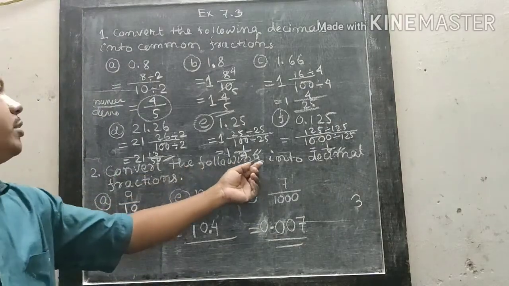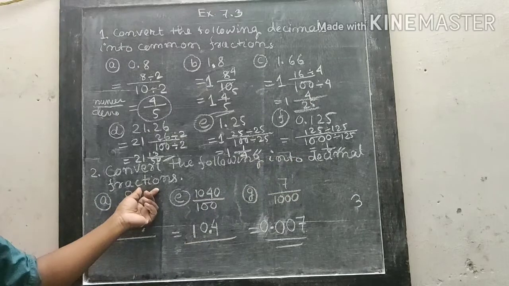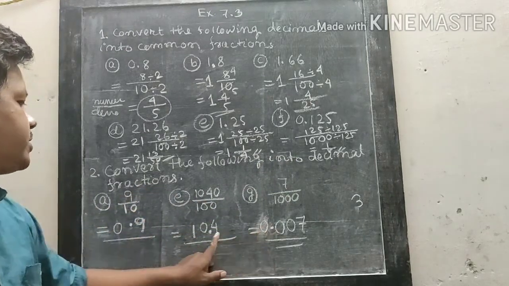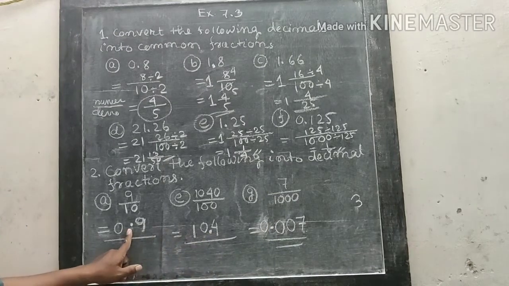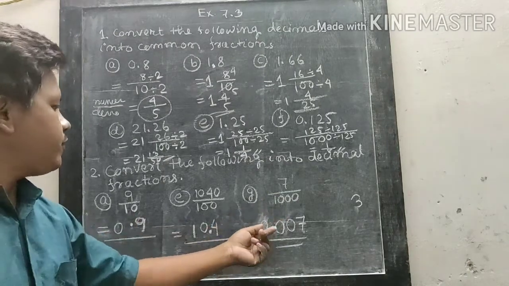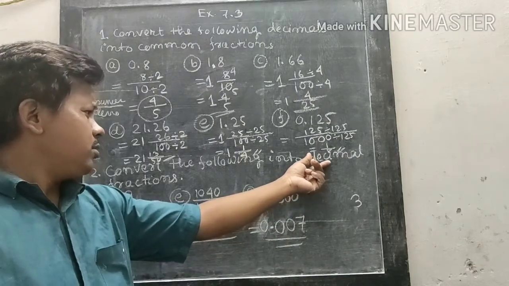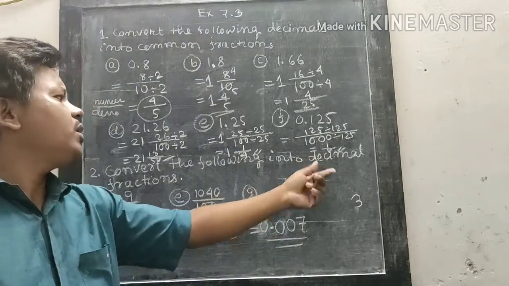Convert the following into decimal fractions. Decimal fractions means point is there. If the point is there, then we can say that it is in decimal form.